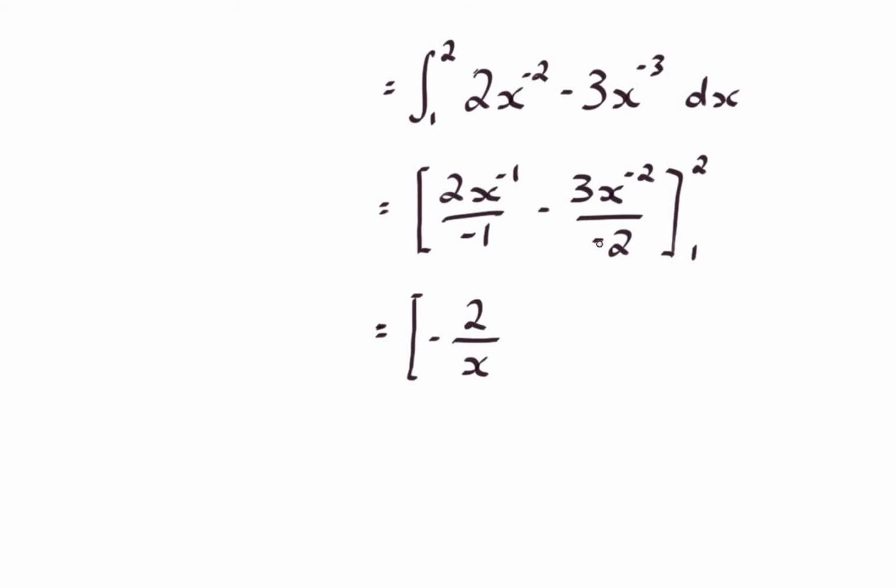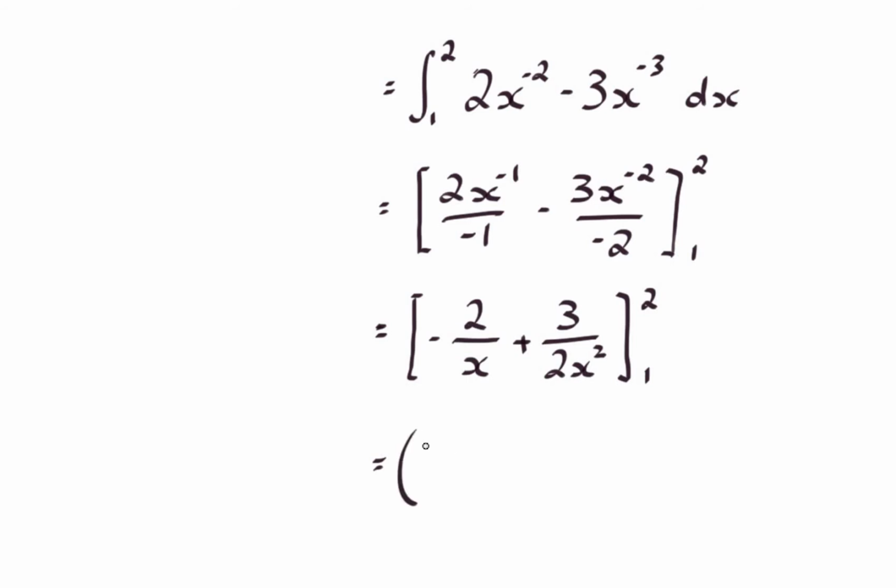Here we have a minus and a minus, which will turn into a plus. We have 3 on the top. There's a 2 on the bottom, and this x to the power of minus 2 becomes x squared on the denominator. So personal preference as to whether you keep the negative indices or the fractional indices, just do what works best for you. And now time to substitute in these values of x.